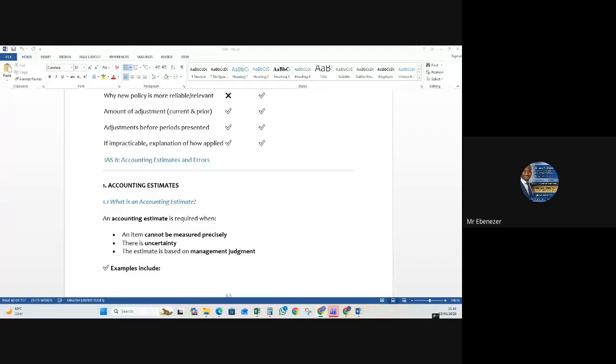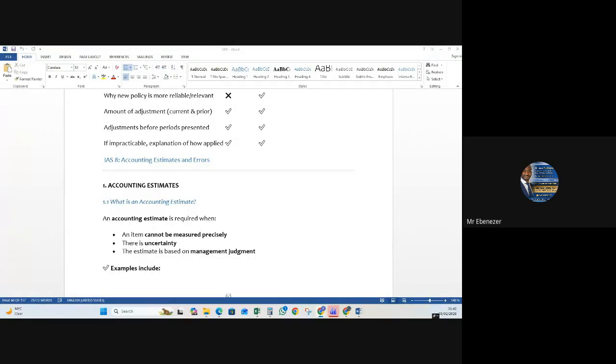When you can't measure an item precisely. Then also, when there is uncertainty, you use an estimate. And when the estimate is based on management judgment, you also use an estimate.